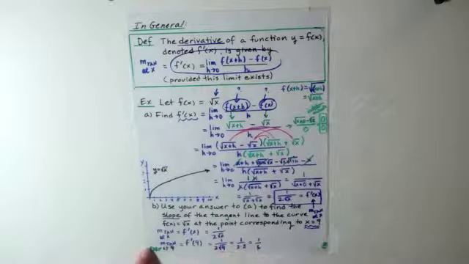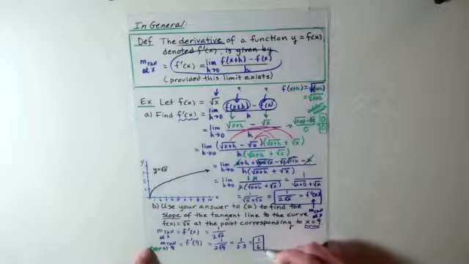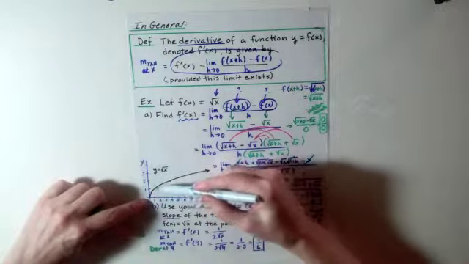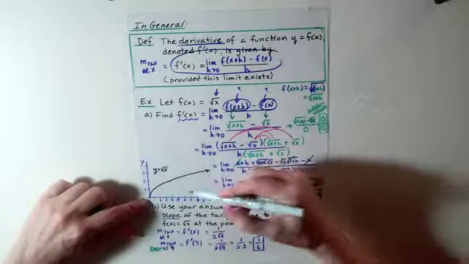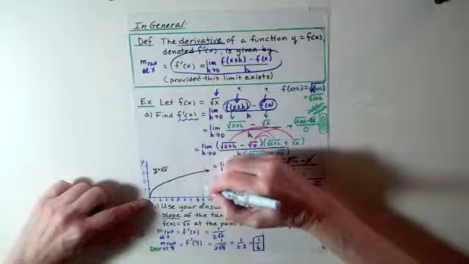Well, they didn't ask us to, but let's just check that this answer seems roughly correct by going ahead and drawing the tangent line at the point corresponding to x equal 9 and making sure that it looks like, at least roughly, it's a line with a slope of 1/6. So let's see, if I go up here to my curve y equal root x, I'm looking at the point corresponding to x equals 9.